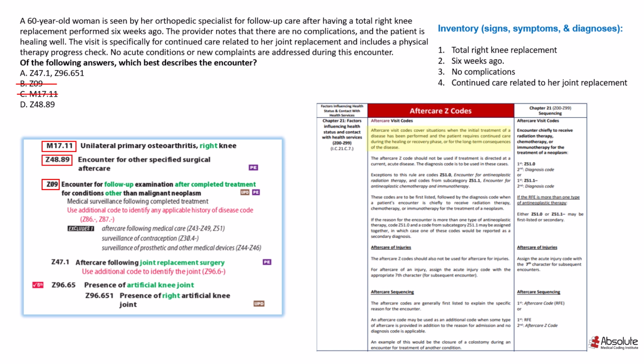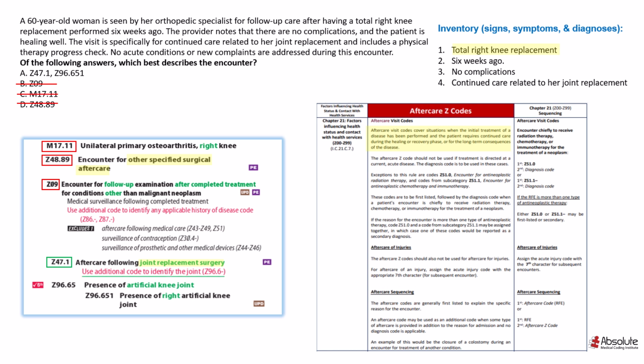That means Z09 is also incorrect, and option D is coding for Z48.89, that is for encounter for other specified surgical aftercare. Now this is incorrect because we have a more specific code in Z47.1, which is for aftercare following a joint replacement surgery. And the instructional note also asks us to use an additional code to identify the joint.